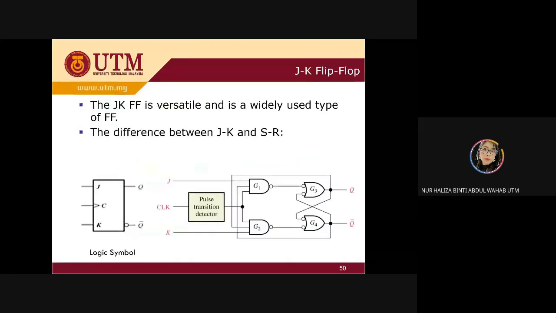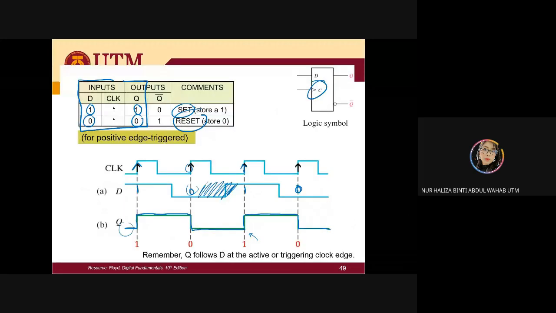Let's see another example. Okay, this one is JK. Yesterday I said this one is much easier because you just need to remember 2 inputs and 2 outputs. 1 to be 1, 0 to be 0.